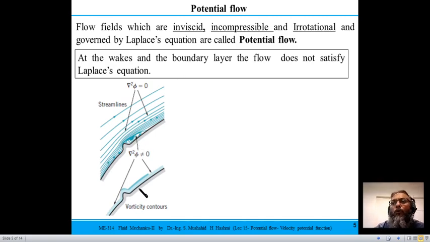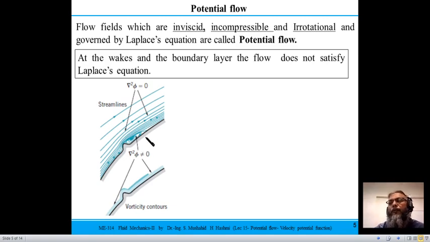But once you go close to the wall, or have some vortices where this condition of irrotationality is not satisfied, then we treat them separately, and we call such flows boundary layer flows. So in boundary layer flows, the condition of having viscosity and irrotationality is not satisfied, and we have to treat them differently.